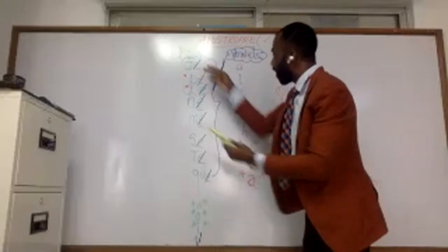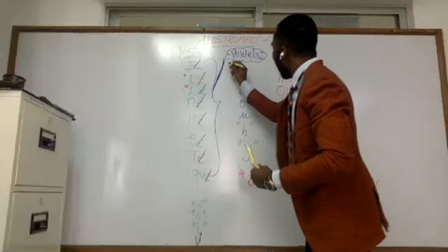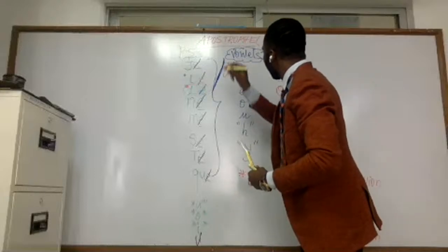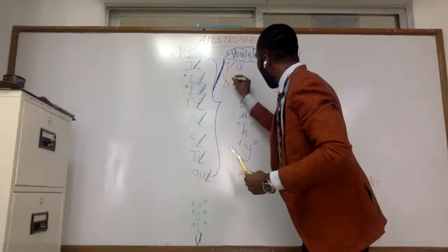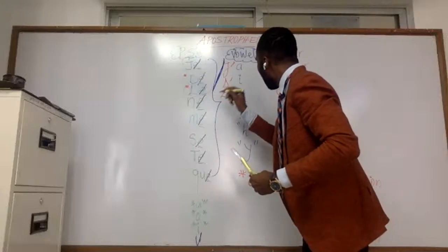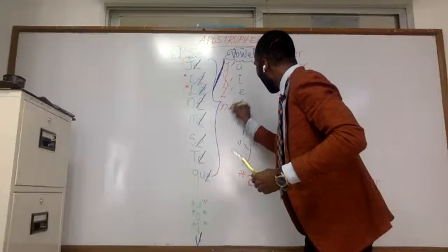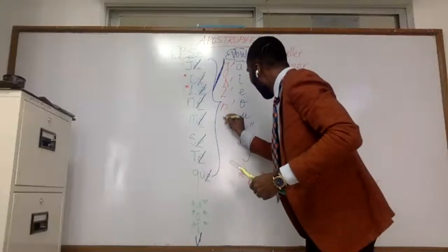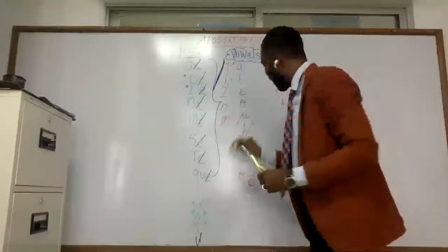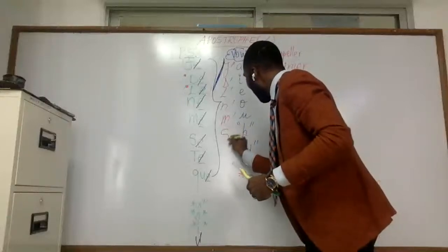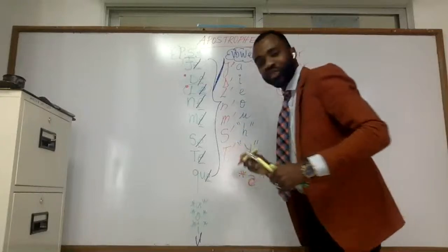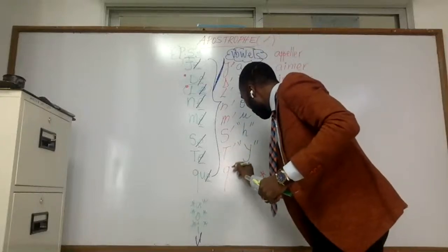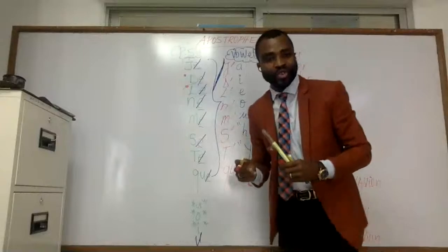So I cut the G to get G apostrophe, like this, okay? And also D apostrophe, L apostrophe, N apostrophe, M apostrophe, S apostrophe, T apostrophe, and also Q apostrophe.